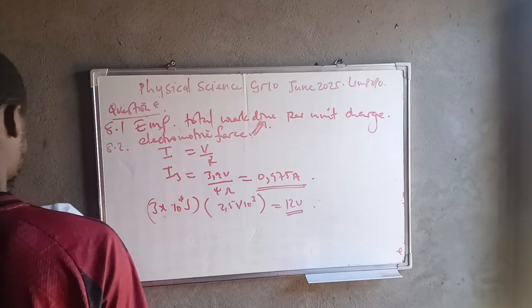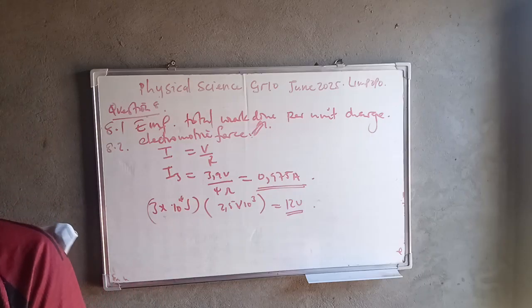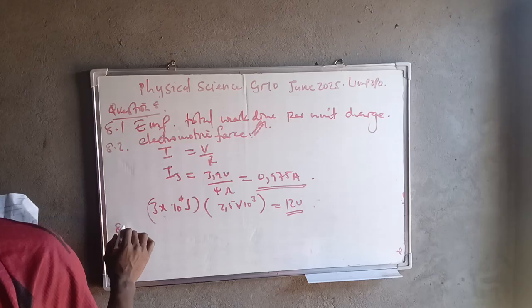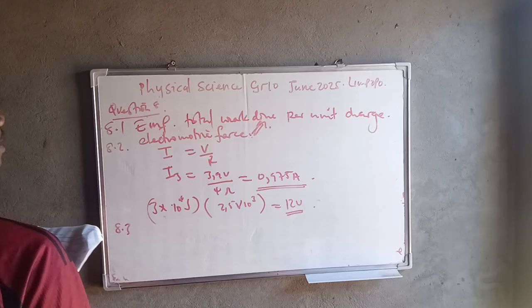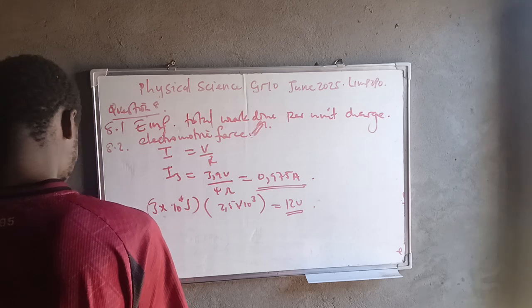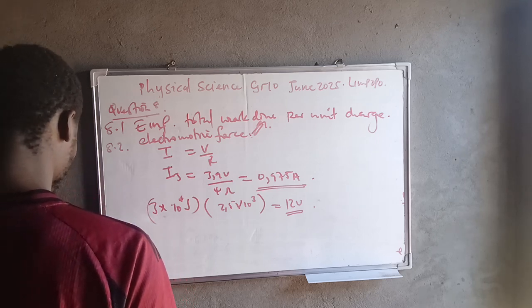Then 8.3, determine the reading on ammeter A1 if 3.24 C of charge flows through it.